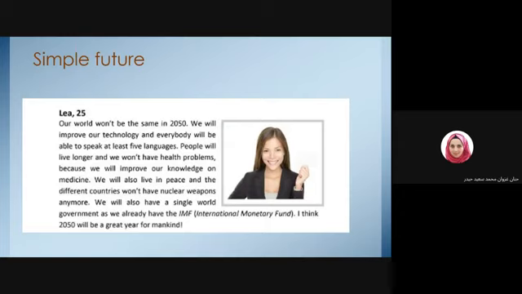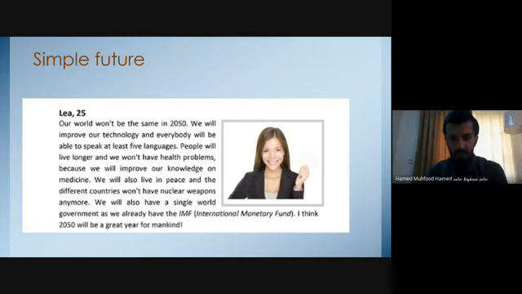We will also have a single world government as we already have the International Monetary Fund. I think 2050 will be a great year for mankind. What is meant by mankind?